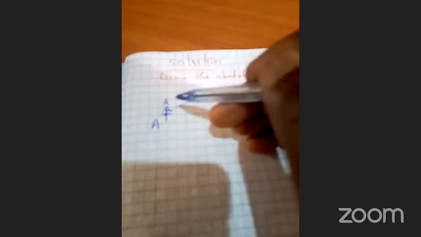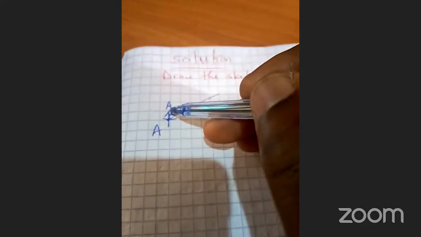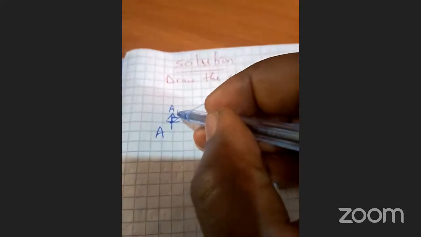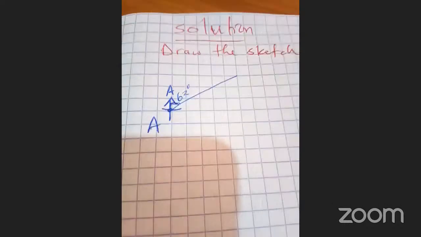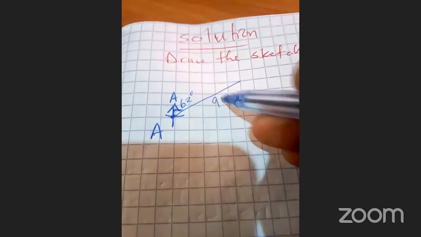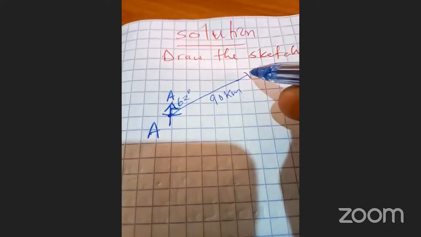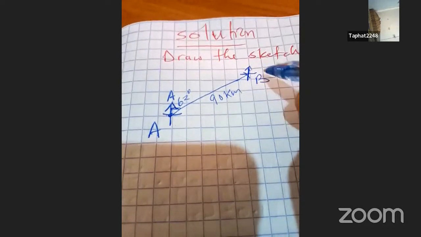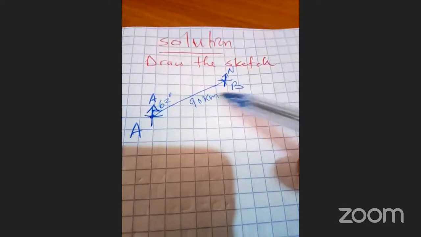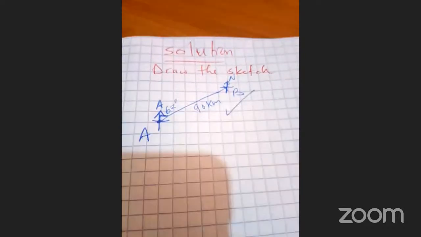Kwa hivyo true bearing, all the measurements must begin from the true north. Kwa hivyo hii angle ndiyo, and then imeenda hadi kwa B, itakuwa imeenda 90 kilometers. So hapa ndio B itakuwa true north, itakuwa hapo. So from A to B it is 90 kilometers and on a bearing of 062. So hiyo ni sketch.